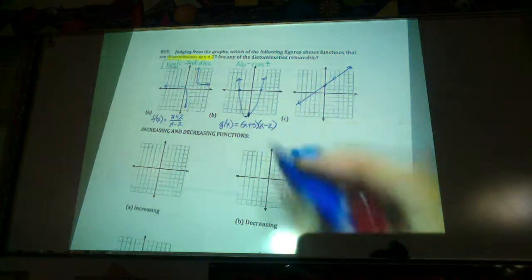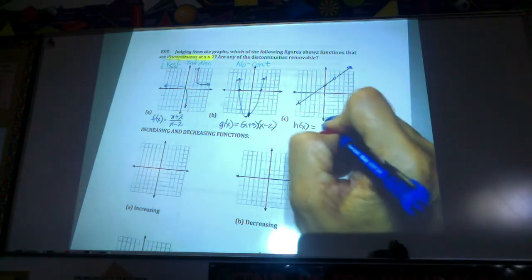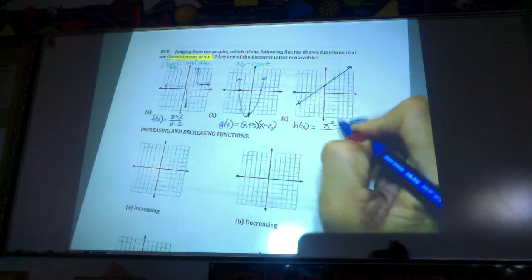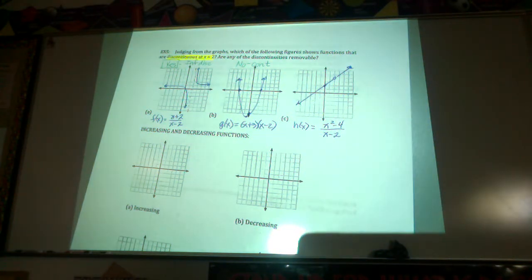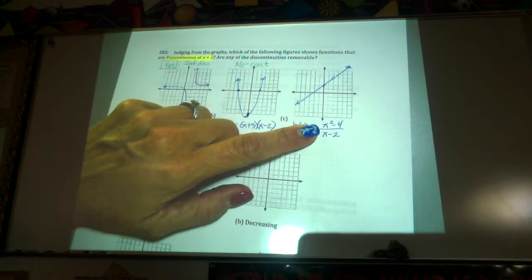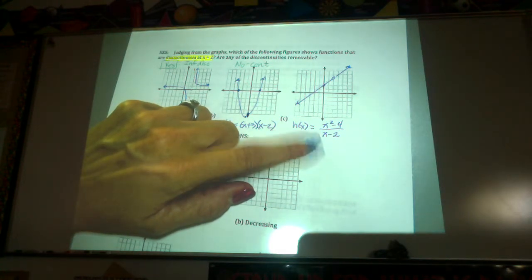This is the graph of h of x is equal to x squared minus 4 divided by x minus 2. Here's how a graph that appears to be a quadratic can end up looking like a straight line. This quadratic factors into x plus 2, x minus 2, and it cancels the x minus 2 down here.